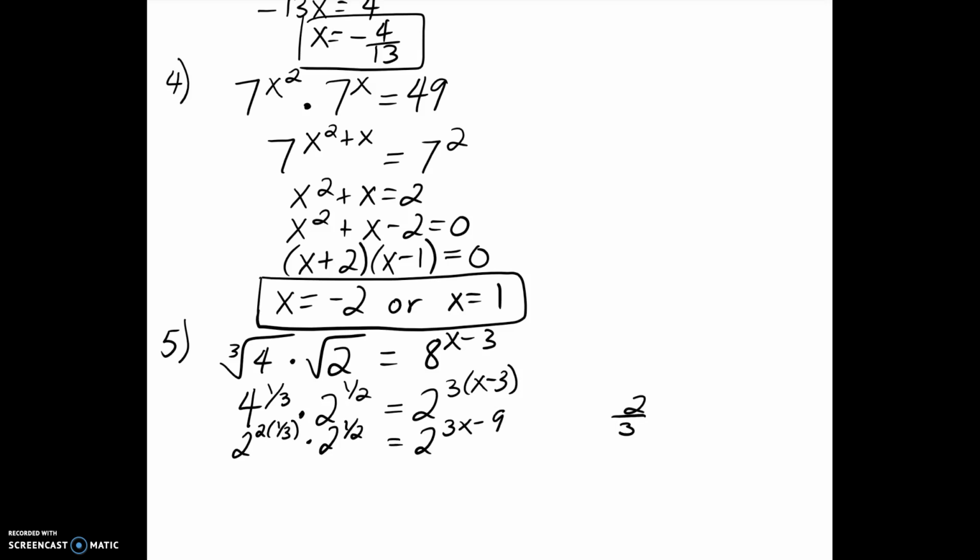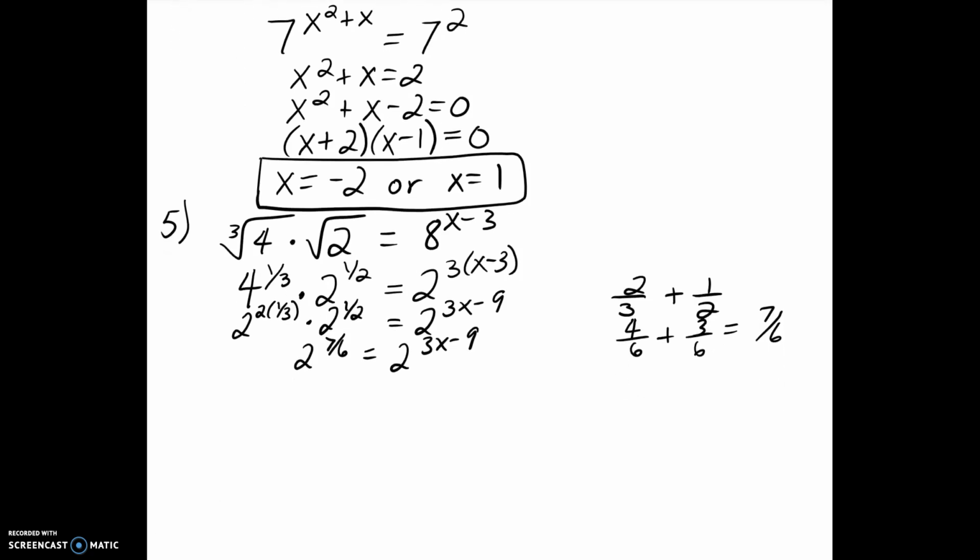And then you might want to do some of this work off to the side, just so you're not doing it within the problem. We're going to be adding those exponents together, 2/3 plus 1/2. So really we want to make that into 4/6 plus 3/6. So we get 2 to the 7/6 equals 2 to the 3x minus 9. And then you would solve from there.